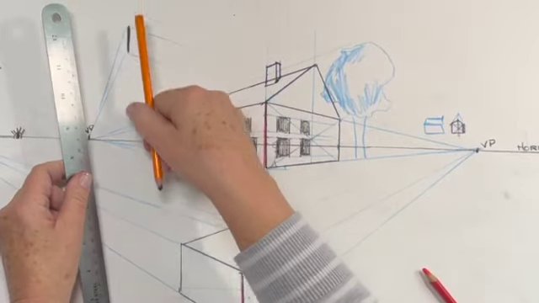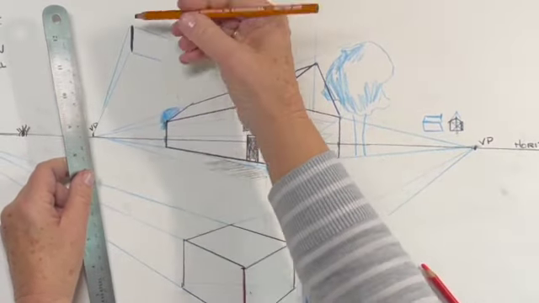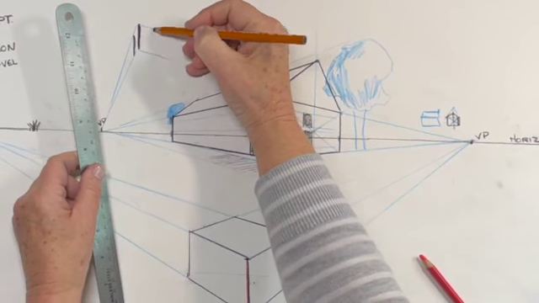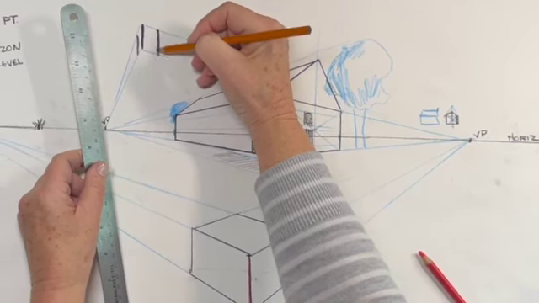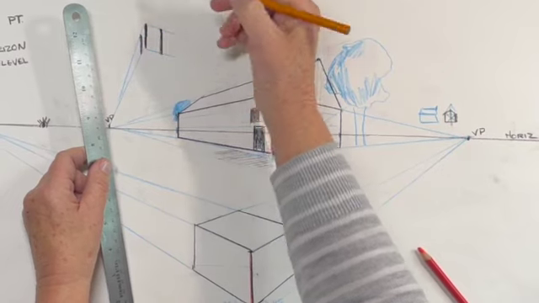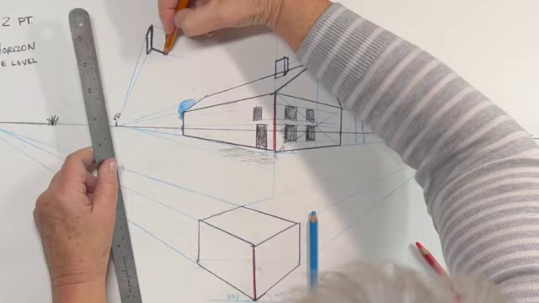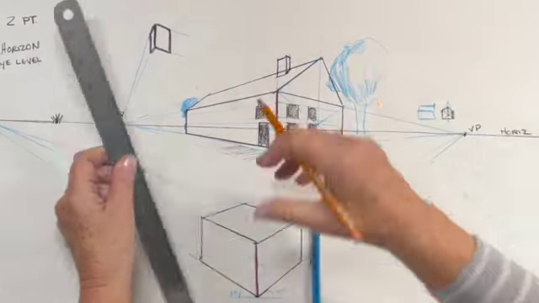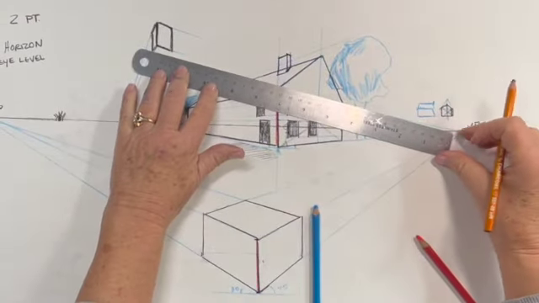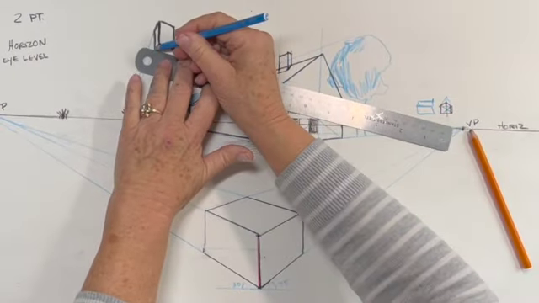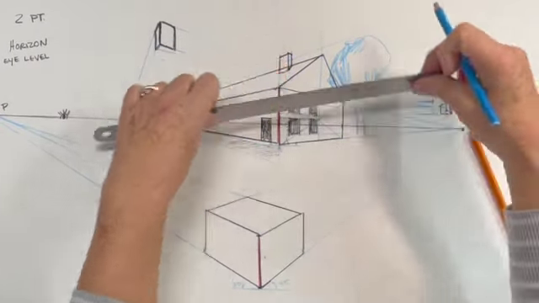Estimate the distance by using your unit of measure. How far out? I determined it was about a quarter of the way out, and this one is about that. Vertical, vertical, vertical. Don't let these tip at all. Now we have our first two sides of that birdhouse, and we can determine the base of the birdhouse because we now know where the vanishing points are.